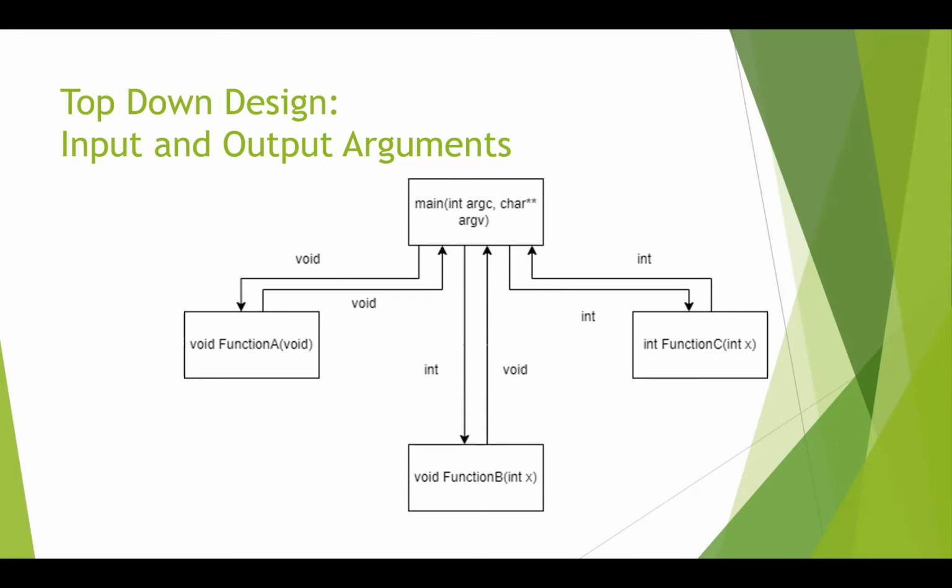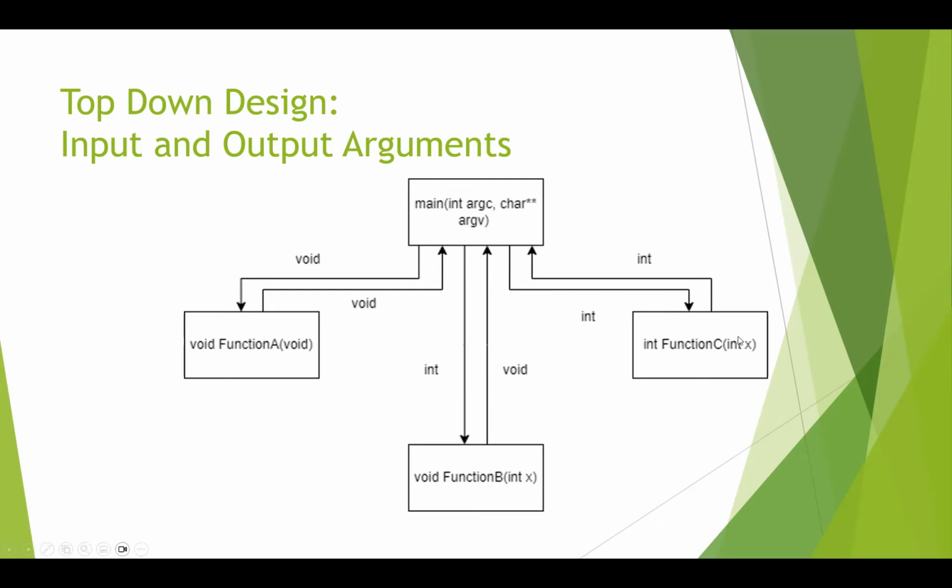Again, basically, main has no way of knowing whether or not function B was successful in whatever operation that you ask for it to do. Again, there are scenarios where you may run into this, but they might be a little bit limited. Now, the third scenario, which is more common, and there are a couple of those we could look at later on, is that you would pass an argument to a function.